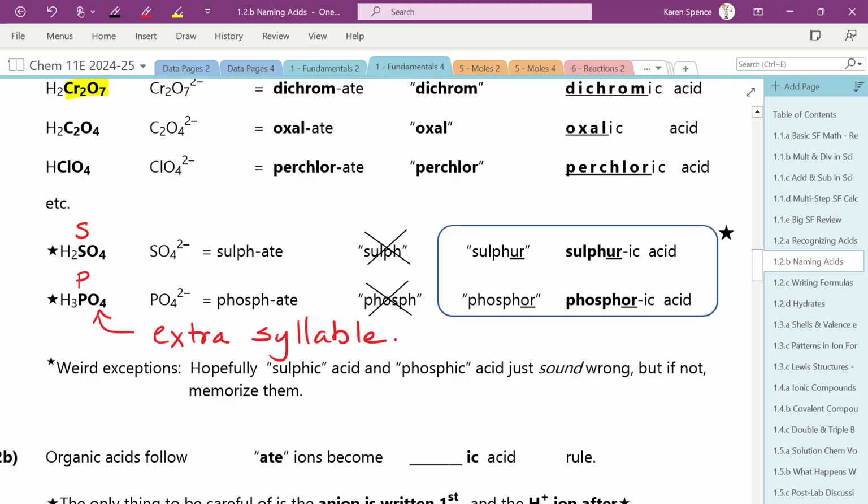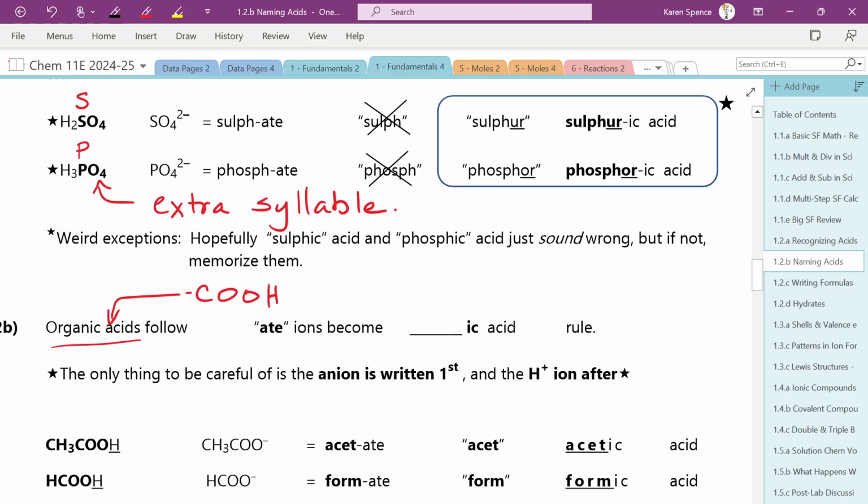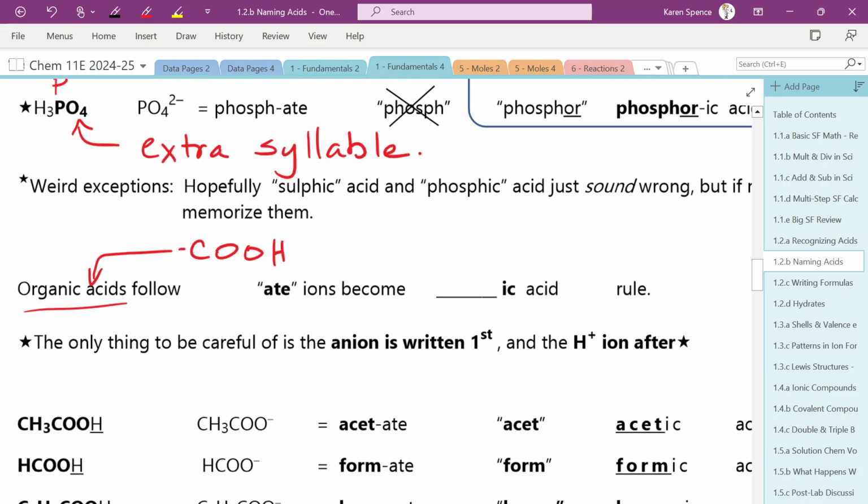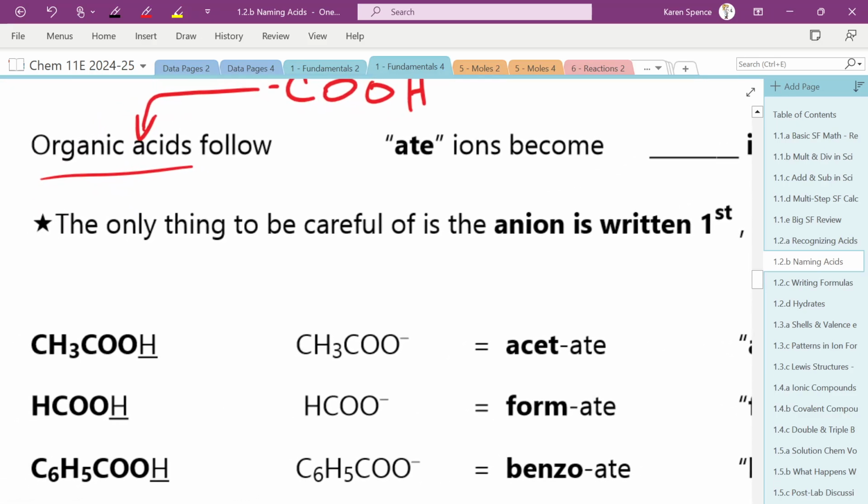Now, organic acids. Organic acids are the ones that end in COOH. The one thing that's a little bit weird about them is that we write the anion first.